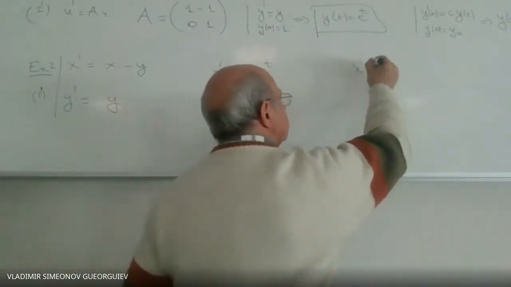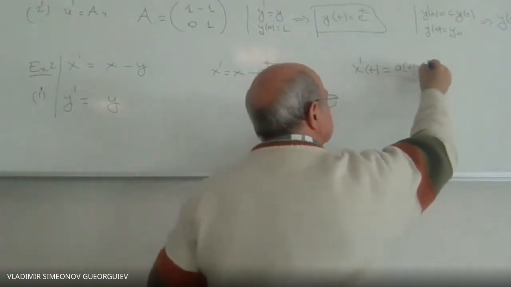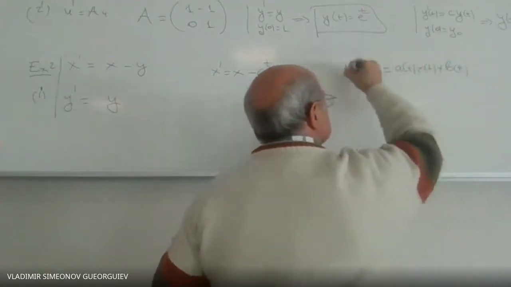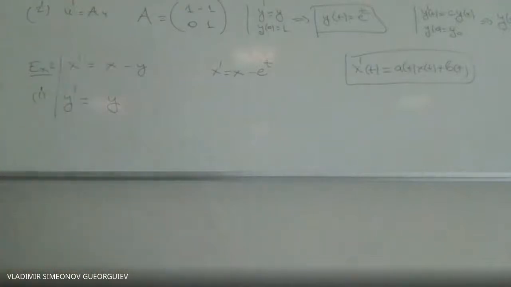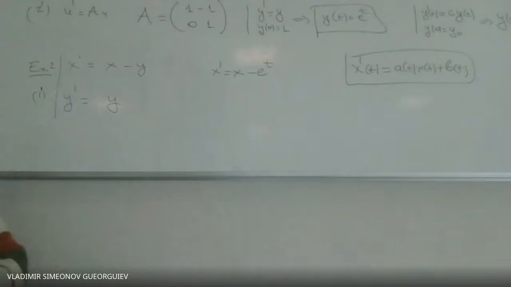This was x prime of t equal a t x t plus b t. This type of equation in our previous lectures we treated, and you see this is a partial case of this equation.